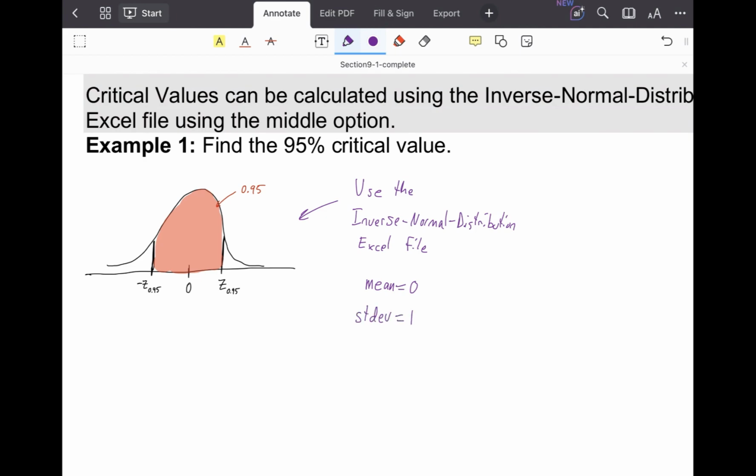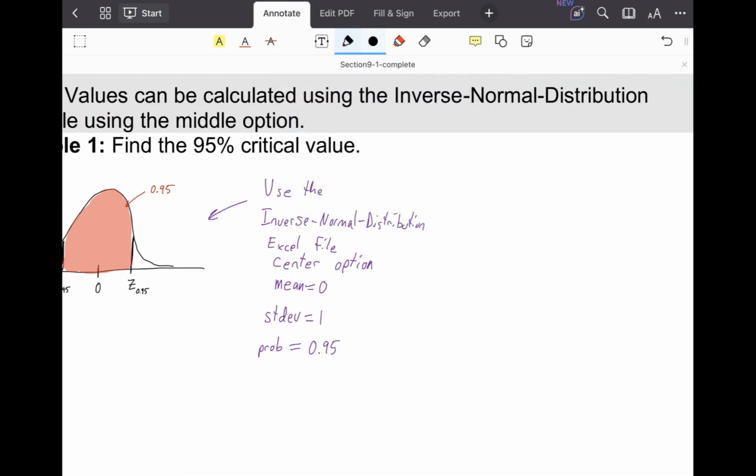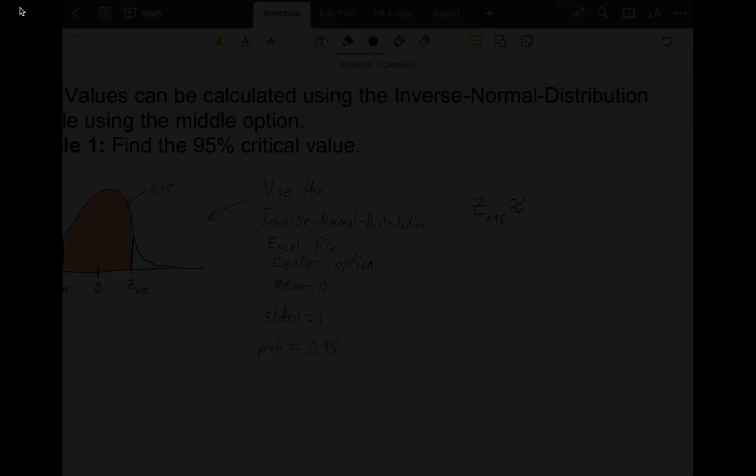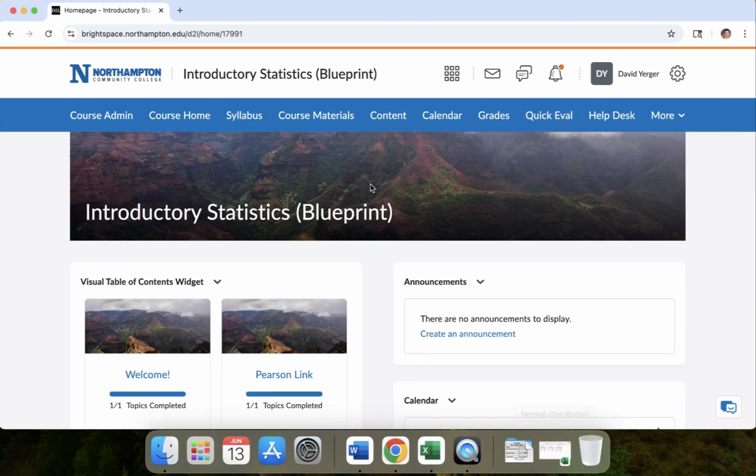This is just because it's the standard normal. And our probability that we plug in is 0.95. And we're going to plug that into the center option. Once we plug those in, it will give us this value. But let me show you this, and I have to download this one.